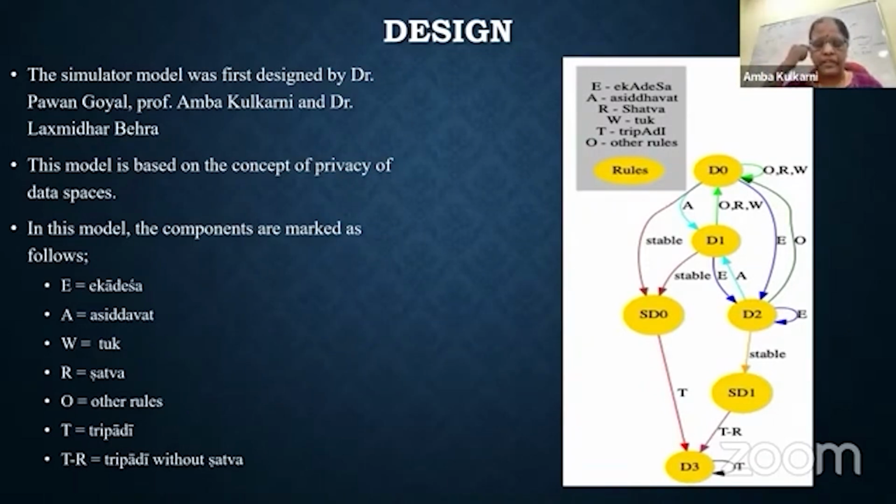That means the sutras at the top of the Tripadi can see whatever is below, but the sutras at the bottom cannot see. The later sutra cannot see the space of the previous sutra. So this is what we have.